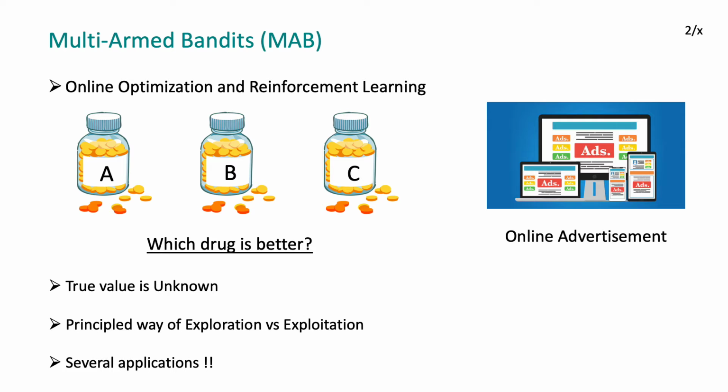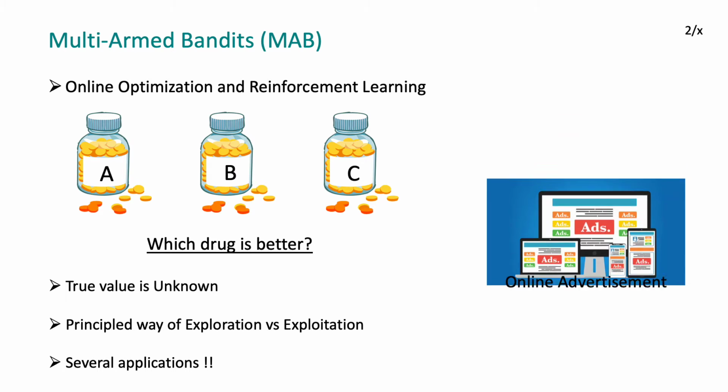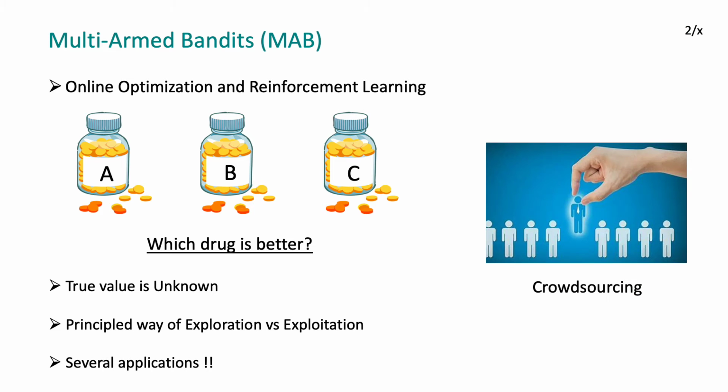Here, we need a smart way to try out different ads to maximize the number of user clicks. Another example could be in crowdsourcing, where there are many workers whose efficiencies are stochastic quantities not known a priori, and we might want to find out the best worker as early as possible or by adhering to some budget constraints.